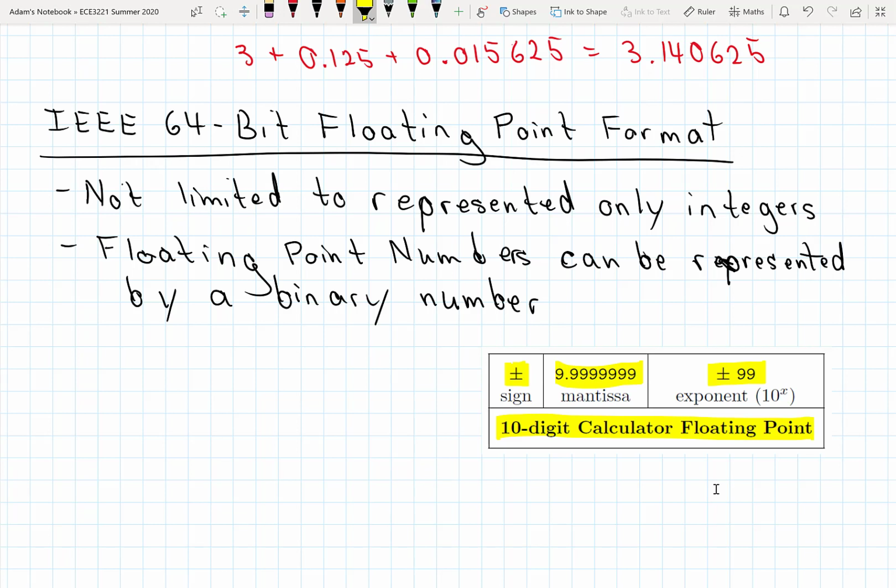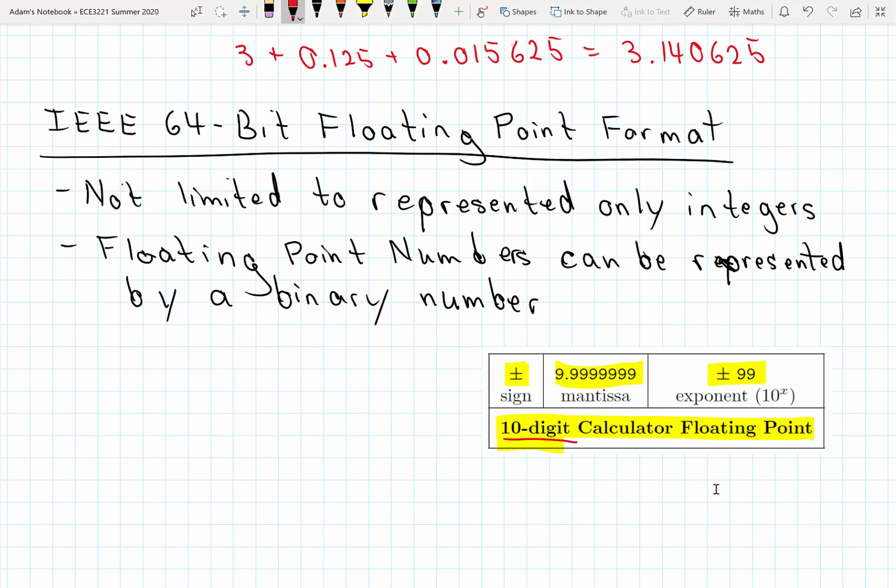Okay, so even though my display is limited to only being able to show 10 digits, I can represent a huge range of values, right?